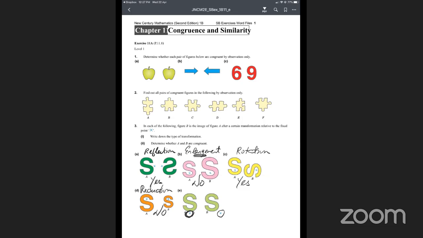Any change in the size? Do you think one is bigger than the other? If the figure is just moving in this way, it is okay. Someone has answered translation. Translation, with no change in size and no change in shape. Therefore, they are congruent. Any problems?